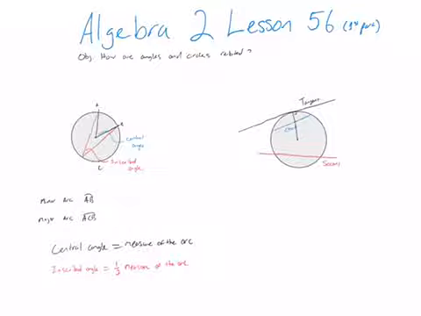So if this arc out here is, I don't know, let's say 40 degrees, that means the central angle is also going to be 40 degrees. But the inscribed angle is half of it, so this inscribed angle would be 20 degrees. And the converse from that last one there, if you do 2 times the inscribed angle, that's equal to the measure of the arc.